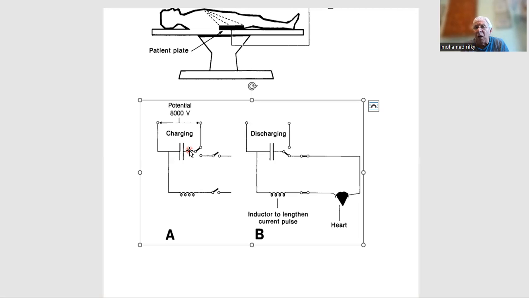So when I multiply 160 and 8 or 5,000 volt, and I divide it by half, I gain 400 joule or watt per second. You see, of course, this is regarding the monophasic, the biphasic type of defibrillator.